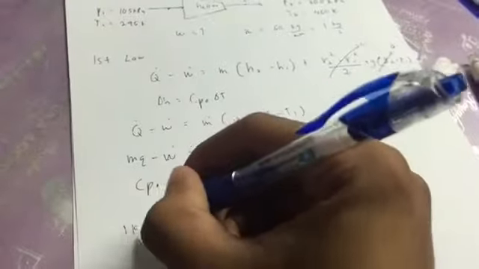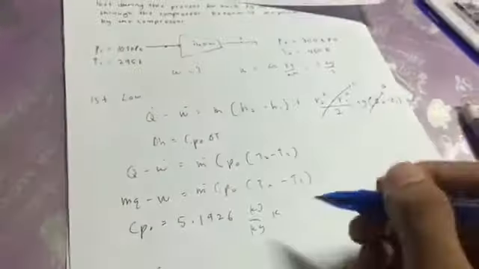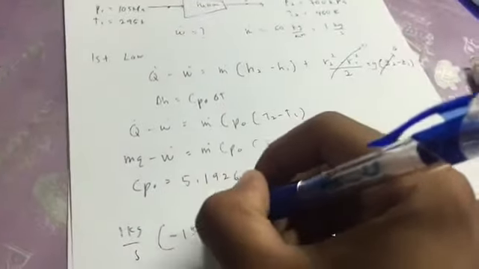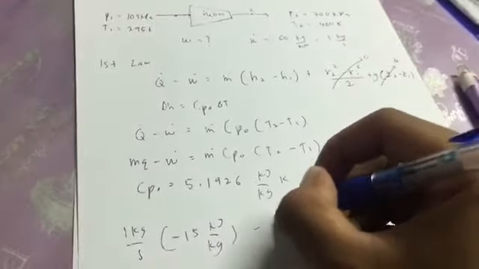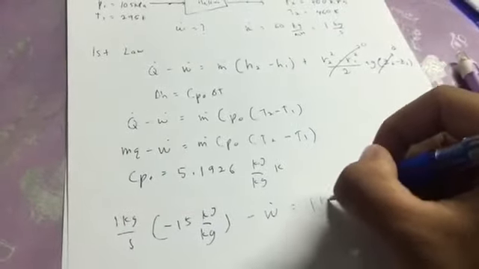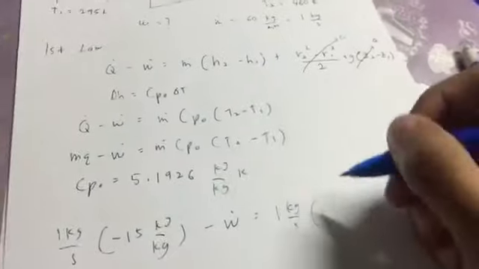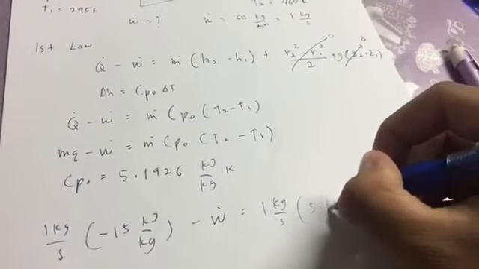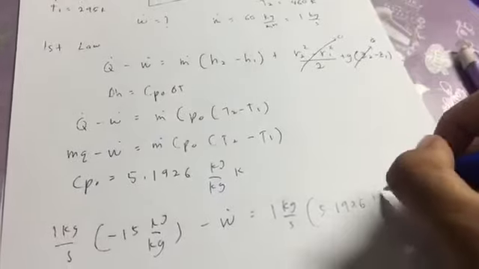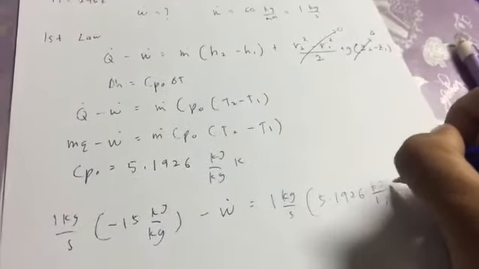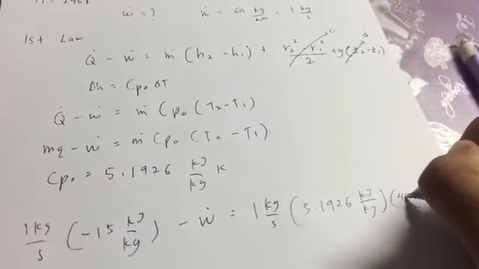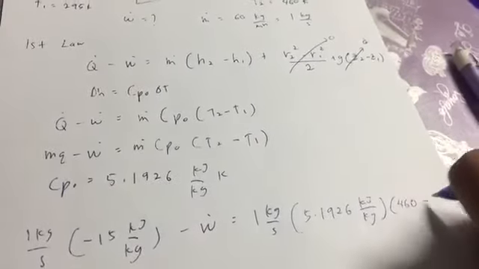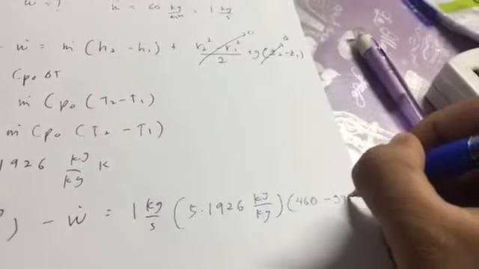So 1 kg per second times 15 kilojoule per kg minus W dot equal to 1 kg per second times 5.1926 kilojoule per kg Kelvin times (T2 minus T1), 460 Kelvin minus 295 Kelvin.